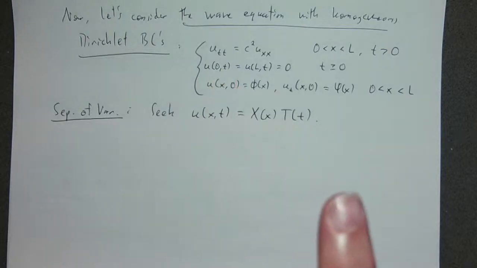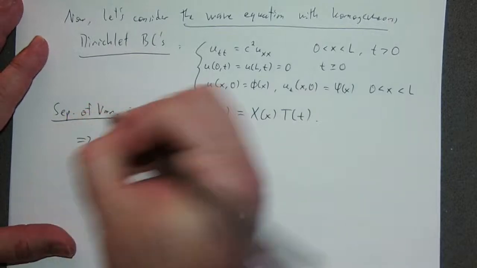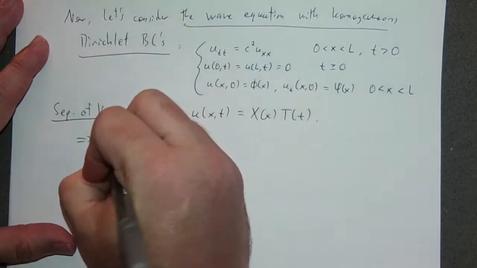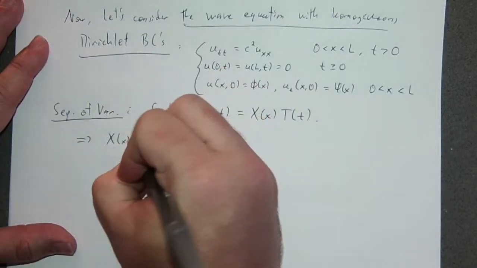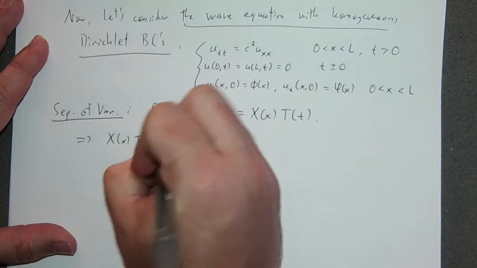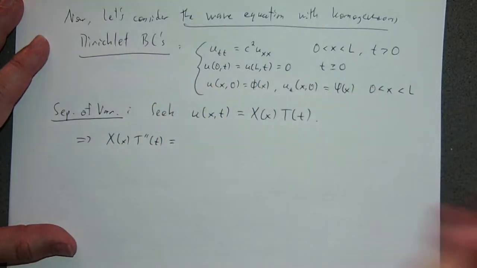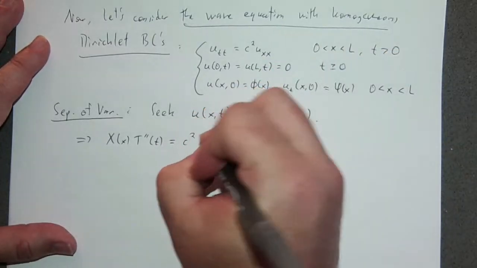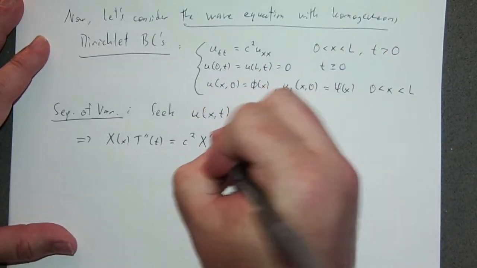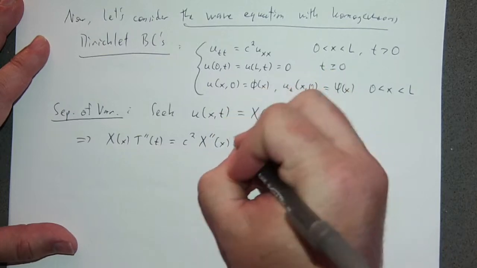So something's a little different here. We have two t derivatives instead. Okay, and so what does this yield? This yields the ODE expression X of x times T double prime of t is equal to c squared X double prime of x T of t.